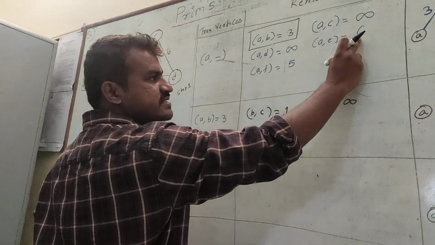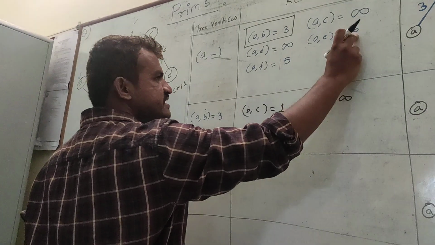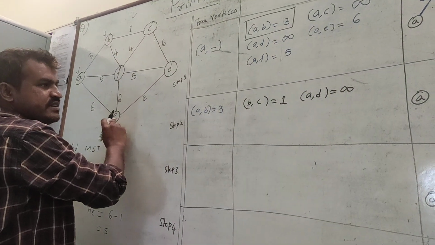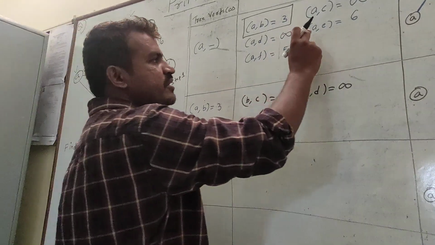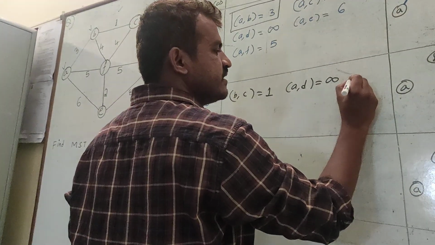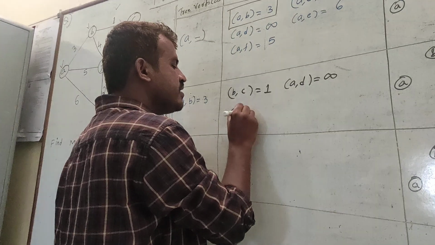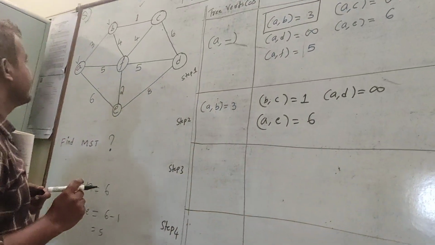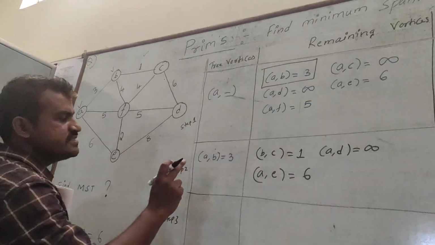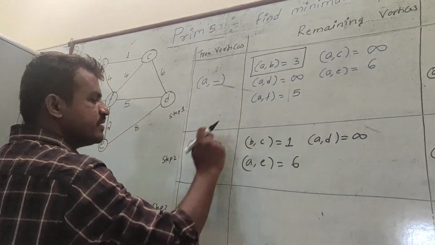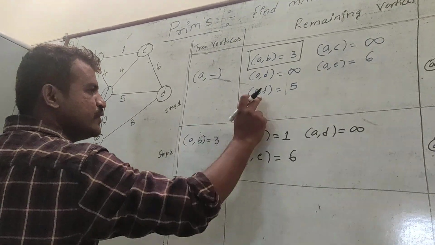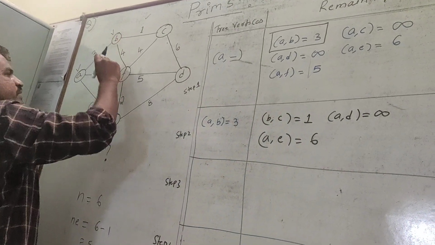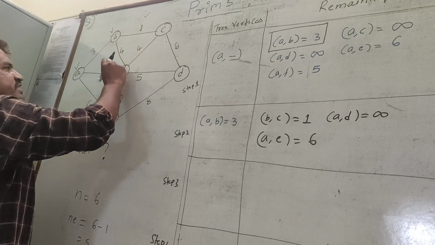Here it is 6, which is less. A to E is less, that is 6. Next one is B to F. B to F is 4.